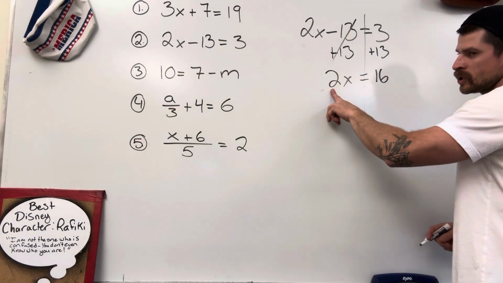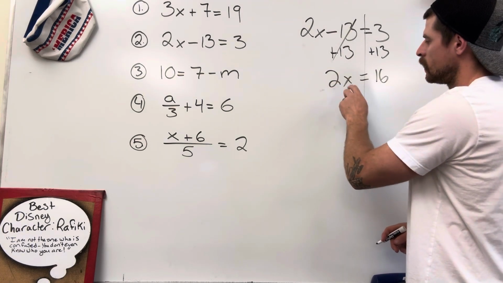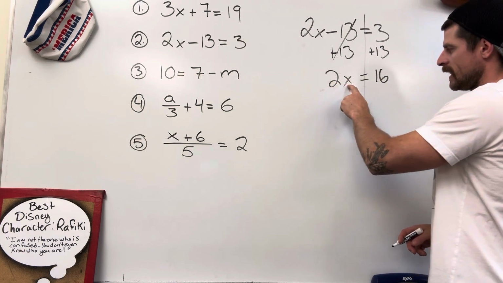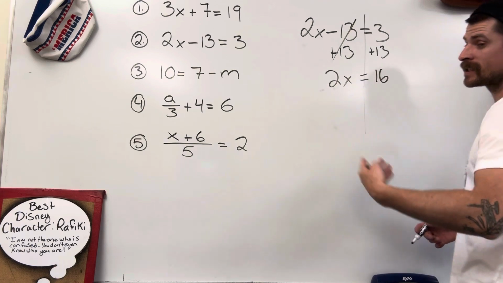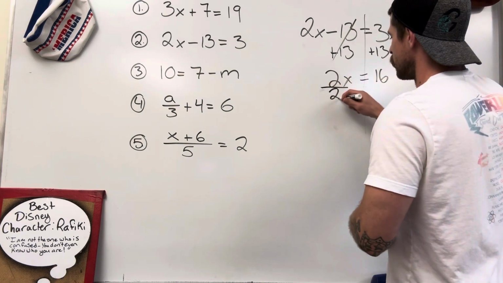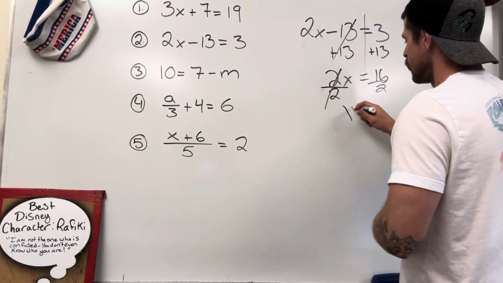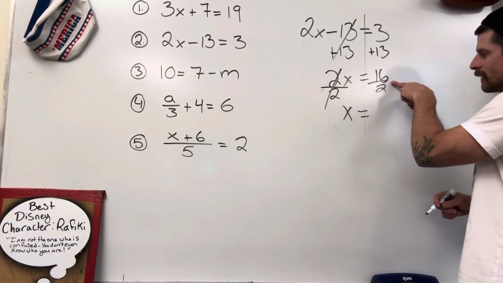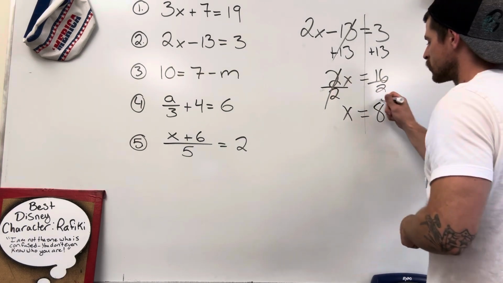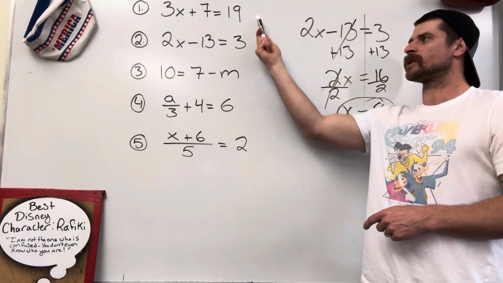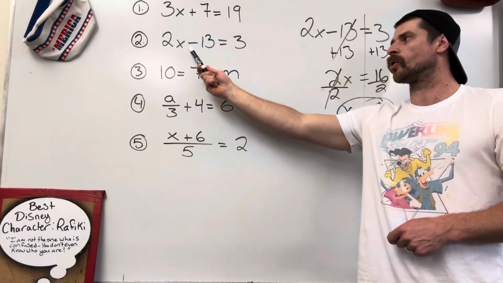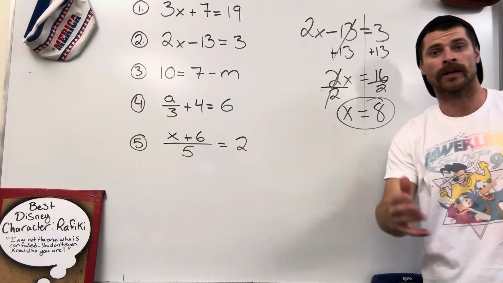Remember, a coefficient, that's a number in front of the variable. Coefficient of 2 and an x just means 2 times x. What's the opposite of times? Divide. Divide by 2, divide by 2. X equals 16 divided by 2, which we all know is 8. Okay, so now you can do your very basic two-step equations, whether there's addition or subtraction now. Let's go on to problem 3.